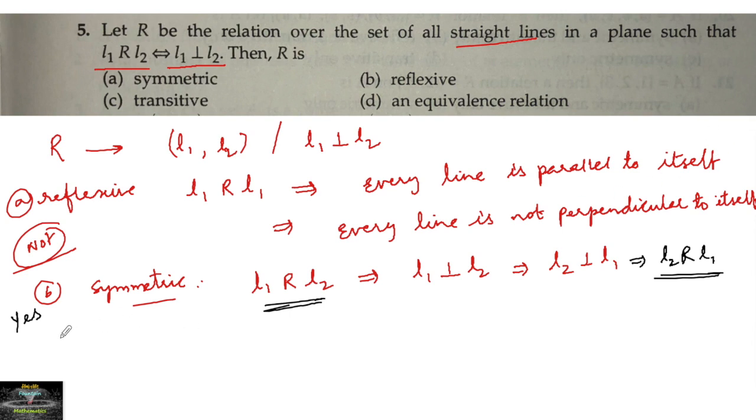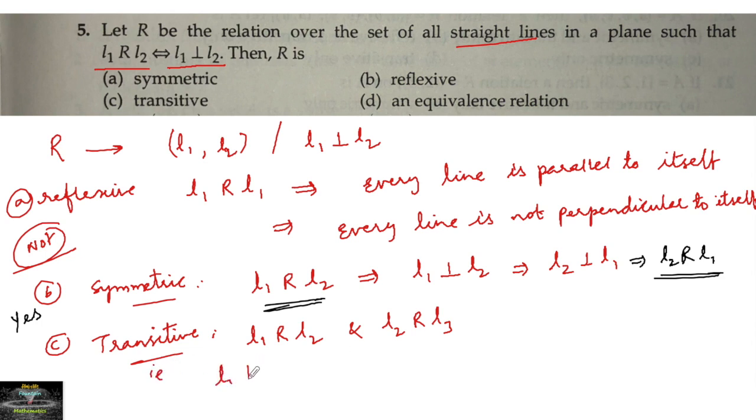And coming to the third part, transitive. Let us consider L1 is related to L2 and L2 is related to L3. That is, L1 is perpendicular to L2 and L2 is perpendicular to L3.